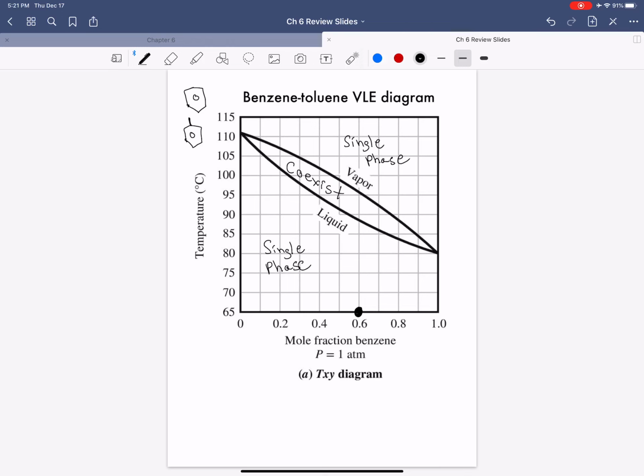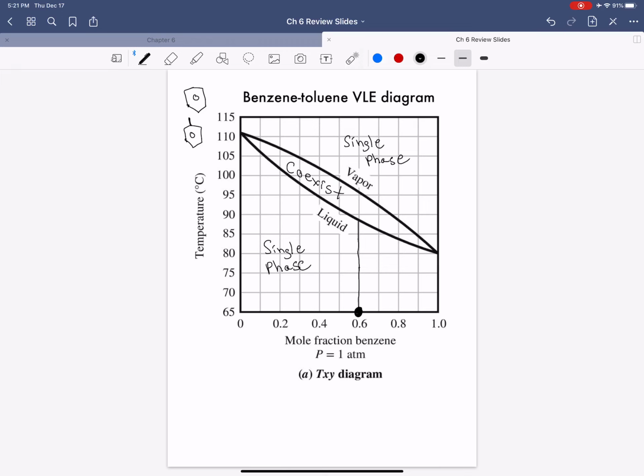And so what we're going to do is we're going to go draw up from here. We're going to go straight up because we're heating up the system. We're going to keep going. Everything's in a single phase. We're going to keep heating it up until we hit the black line here. Right? And so when we hit this black line, now we've added enough heat to the system so that molecules can start vaporizing.